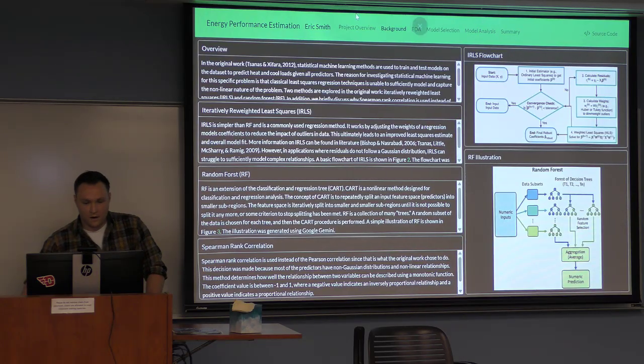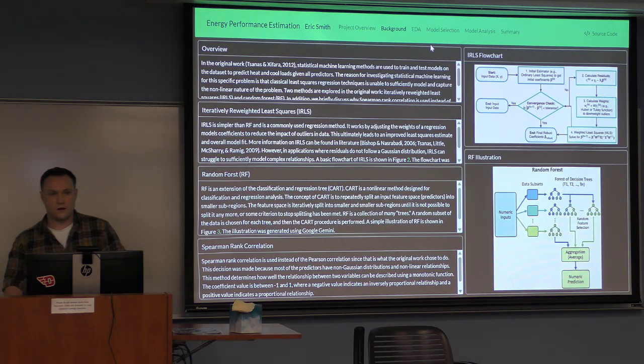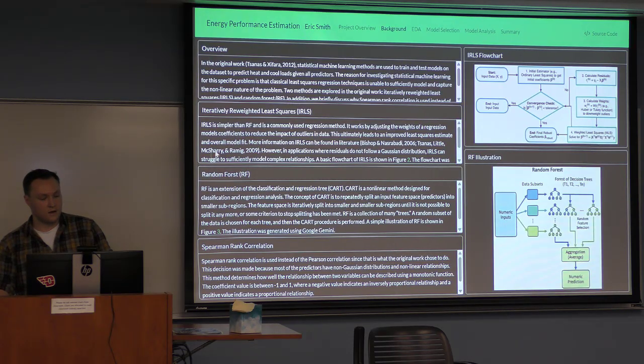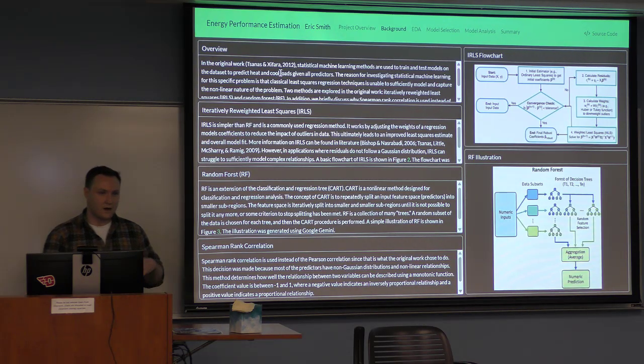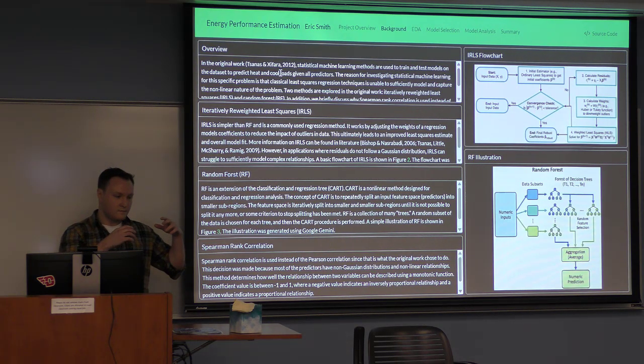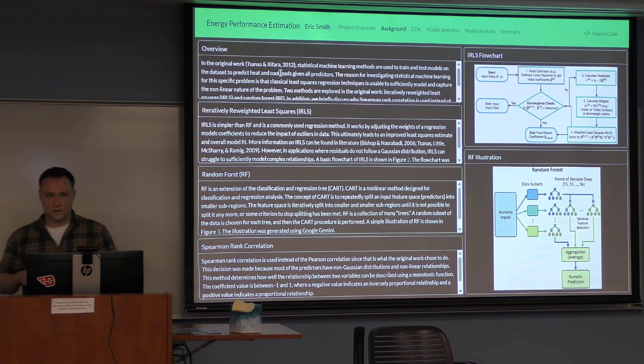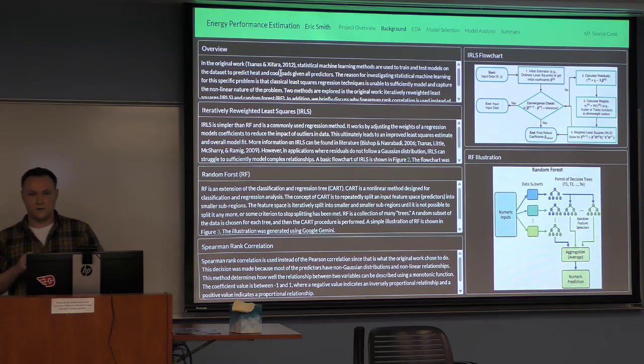So a brief background on some of the techniques that they used, and then a little bit on Spearman correlation. So in the original work, they used iteratively reweighted least-squares and random forests. And so briefly going over those, iteratively reweighted least-squares is you have a regression model where you're using all of your predictors in their case, and you're fine-tuning the coefficient values through some error metric.